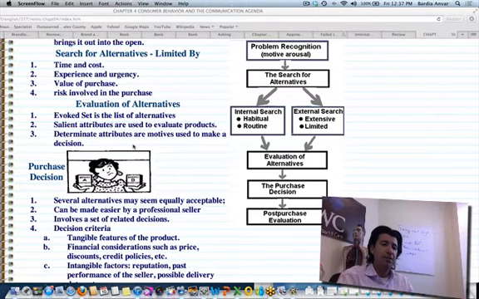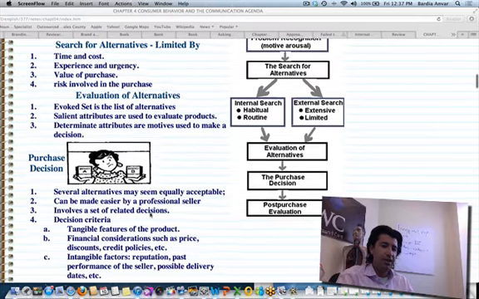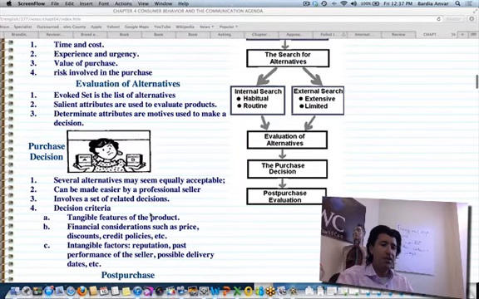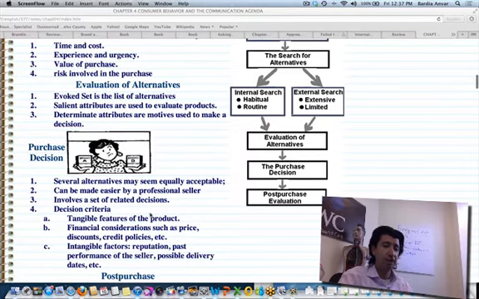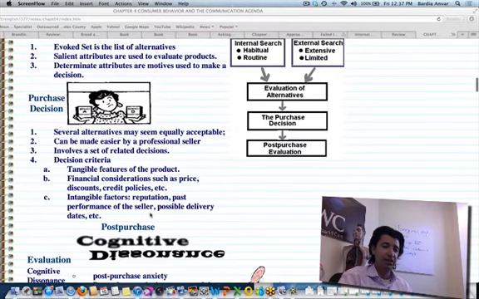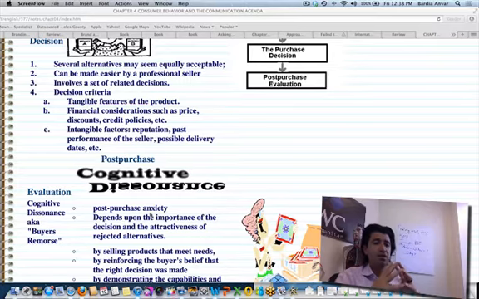And then the decision criteria: tangible features of the product, financial considerations, which our program does not have a cost to it, and intangible factors such as reputation, past performance, possible delivery dates, etc. And I would put in intangible factors, brand recognition, the fact that we provide a lot of education, all of these things.